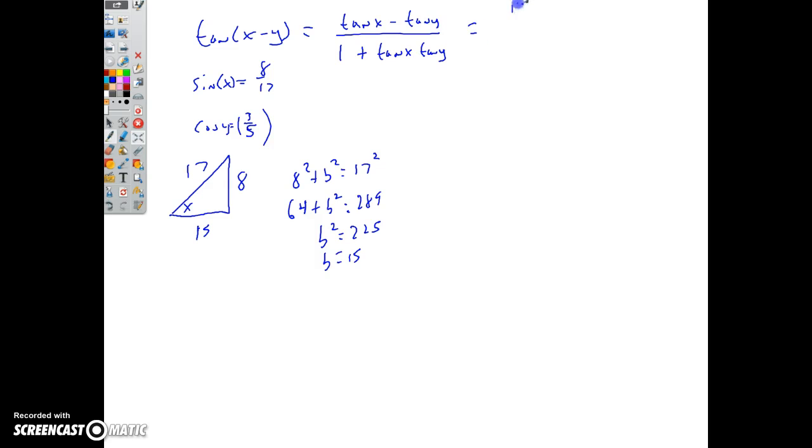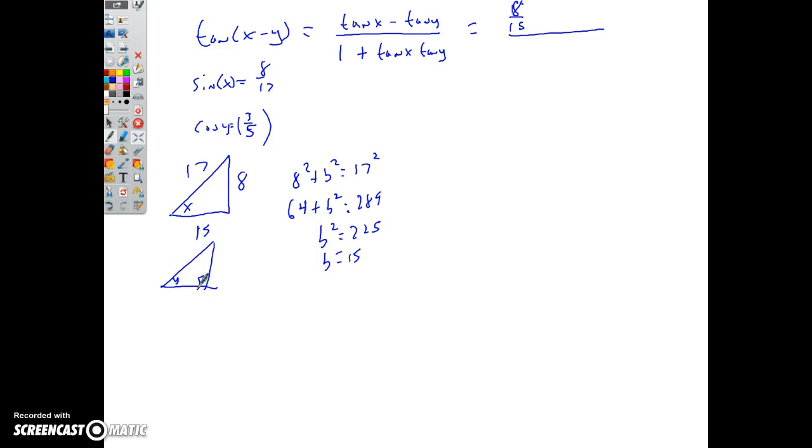Okay, so the tangent of x would be 15/17. No, it wouldn't. It'd be 8/15. What am I doing? We're going to have to do a second triangle, though, for y, aren't we? I know what angle x has for tangent. I don't know what angle y does yet. So now I'm going to do an angle y.